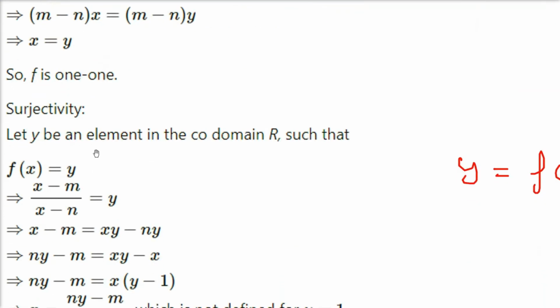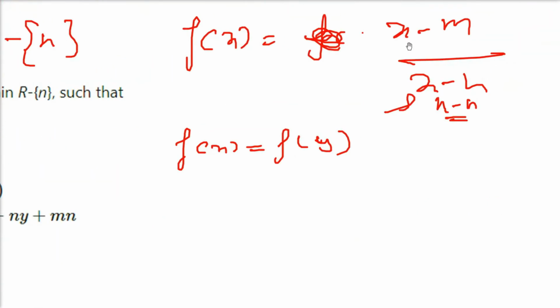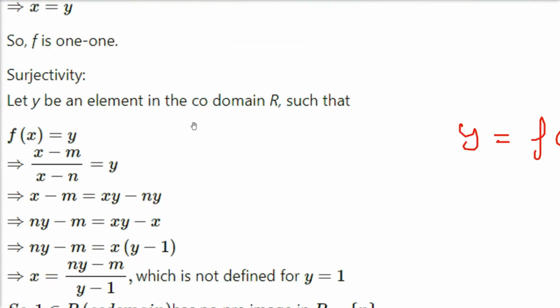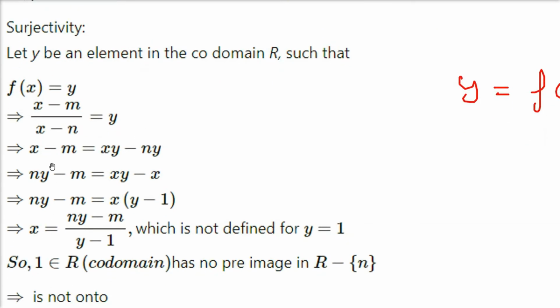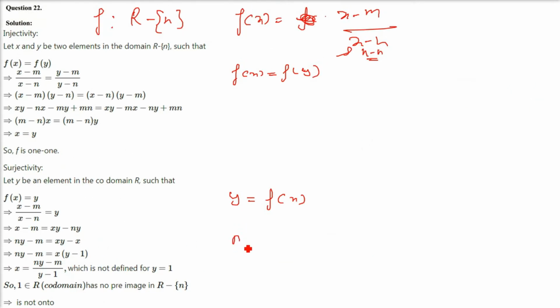Similarly, surjectivity. It seems that it will be surjective, but you will see what happens here. It seems to be surjective, but not. When you manage f(x) equals y, we have to write x on one side and other terms on the right hand side. What you see here, this term (ny minus m) by (y minus 1), if we put y as 1, that will be divided by 0, that is undefined.